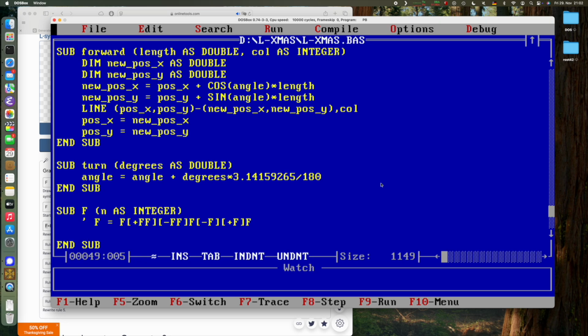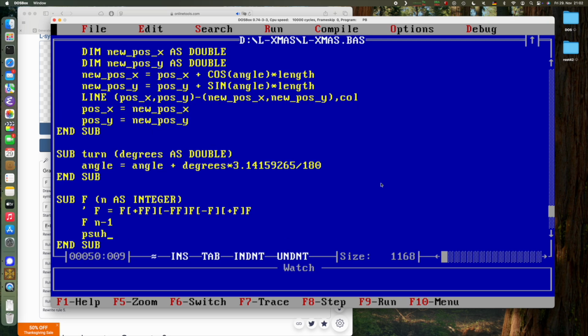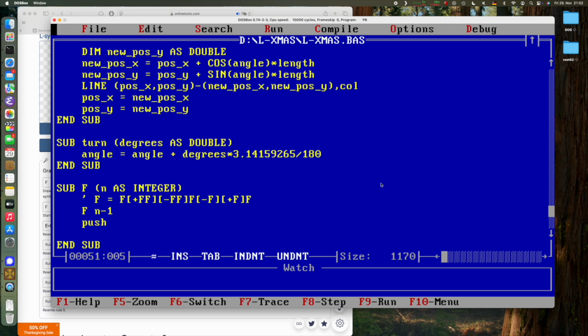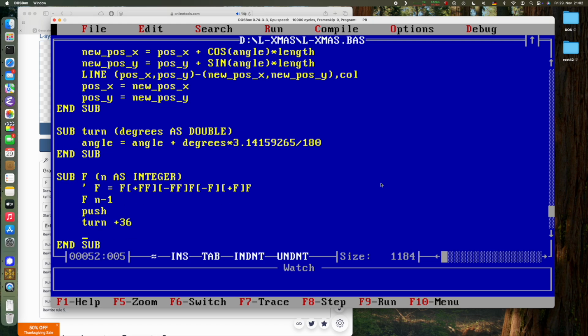Okay, how do we code that? Very simple. Every f is just fn minus 1, so one recursion step. Then opening bracket is push, plus is turn by plus 36 degrees.